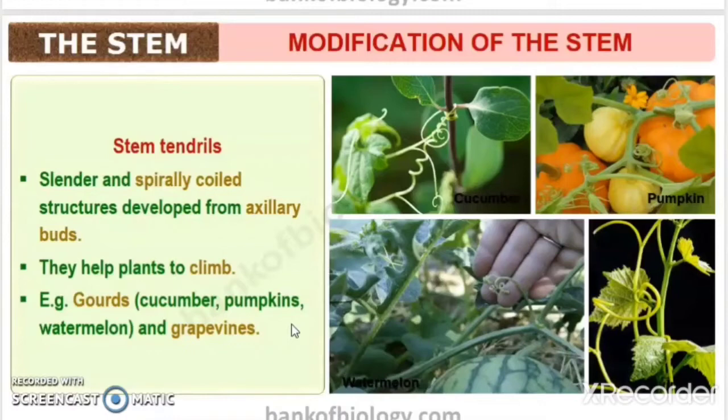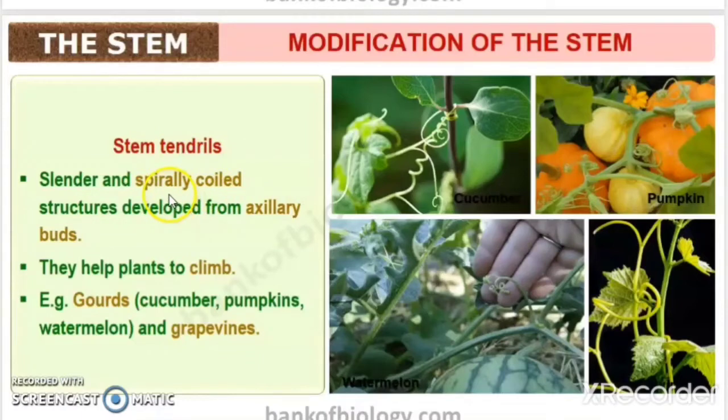So climbers and creepers, both have this structure called a tendril, which means that their stem portion is modified to form these tendrils. Okay, and they are nothing but axillary buds. I hope you remember about axillary buds, which grow near the nodes of the leaf, right? So these axillary buds develop into stem tendrils.